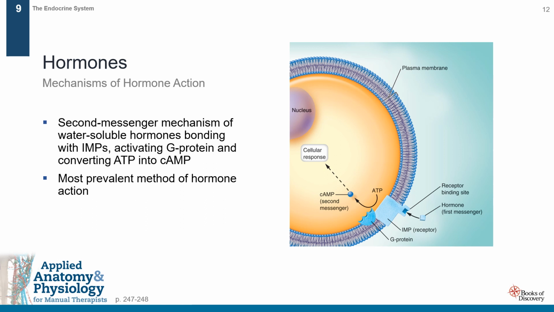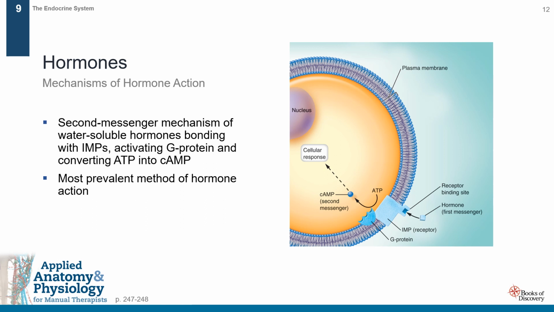The connection between hormone and receptor activates an intracellular protein called a G protein, which initiates the conversion of ATP in the cytoplasm into cyclic adenosine monophosphate or cyclic AMP, which is small c, big AMP.